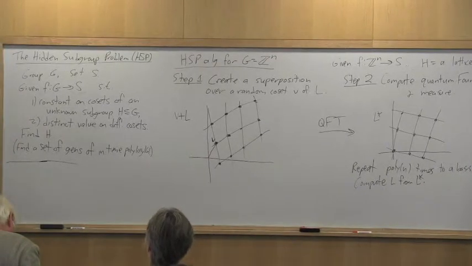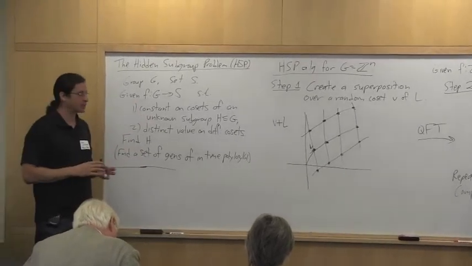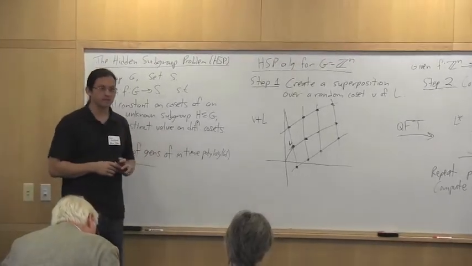That's a good question. How do you even define the hidden subgroup problem over R? We're still working on that too. So there are two possible ways you could do it. You could make your definition kind of ugly and incorporate rounding into the definition, which is what happened in the constant degree case.